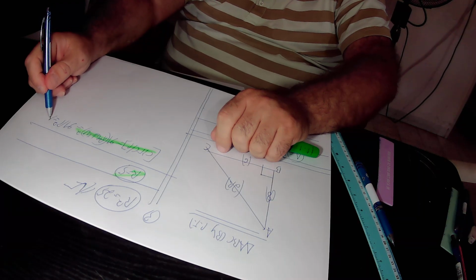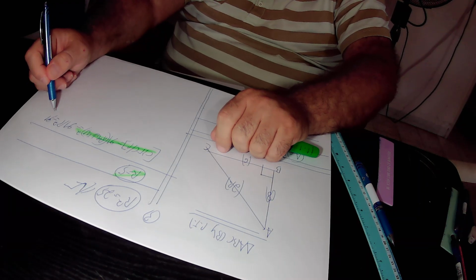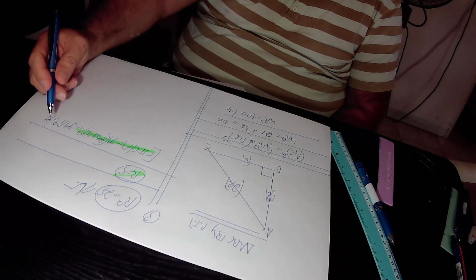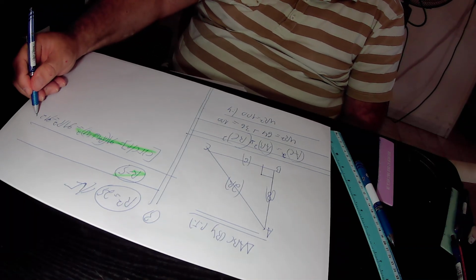which is pi times r squared. R is 5, therefore r squared is 5 squared, that is 25.